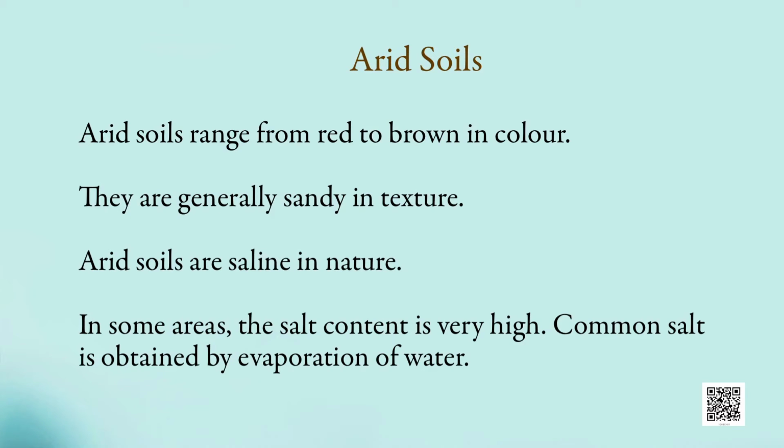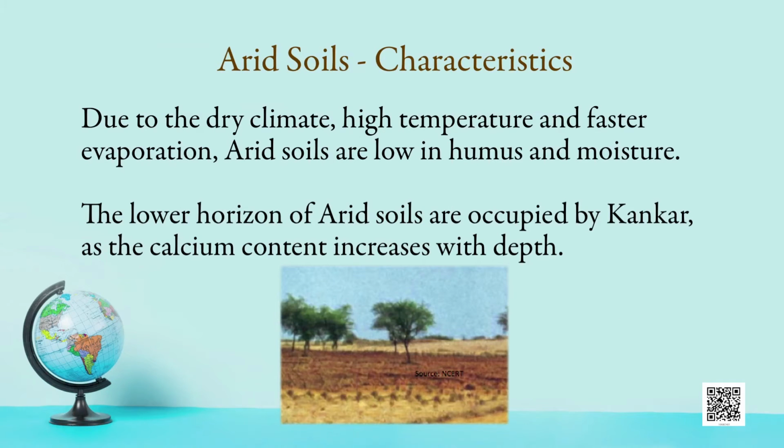And you know, common salt is obtained by evaporation of water. Children, due to the dry climate, high temperature, and the rapid evaporation, arid soils are low in humus and moisture. Do you know, the lower horizon of arid soils are occupied by kankar as the calcium content increases with depth.